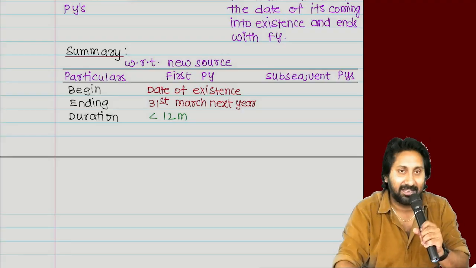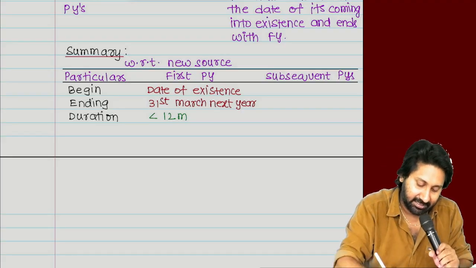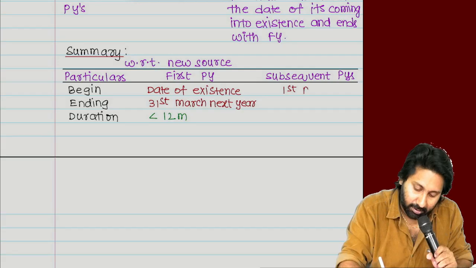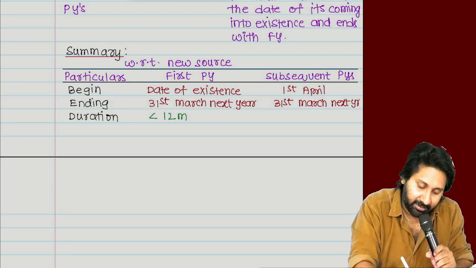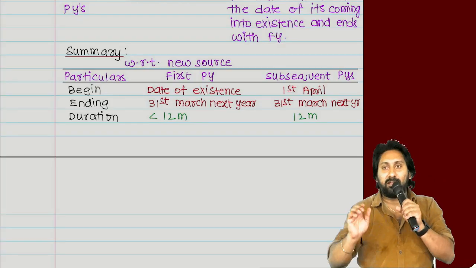Duration is how many months? Less than 12 months. Subsequent previous years: beginning date, ending, duration. This is the conclusion. Write down.